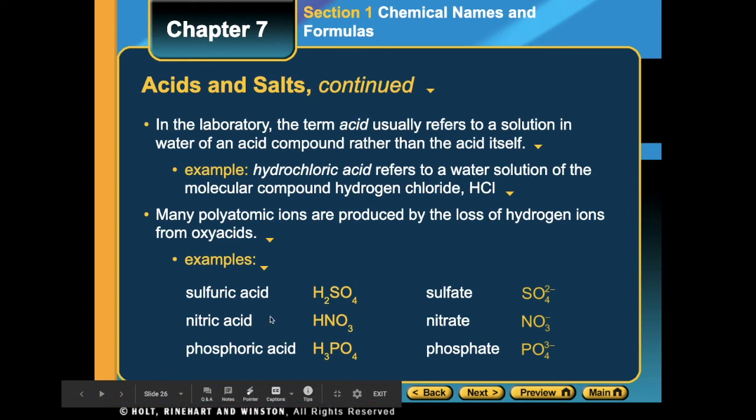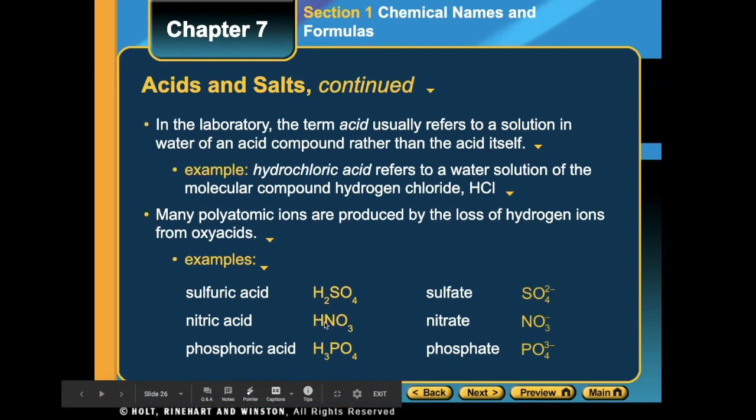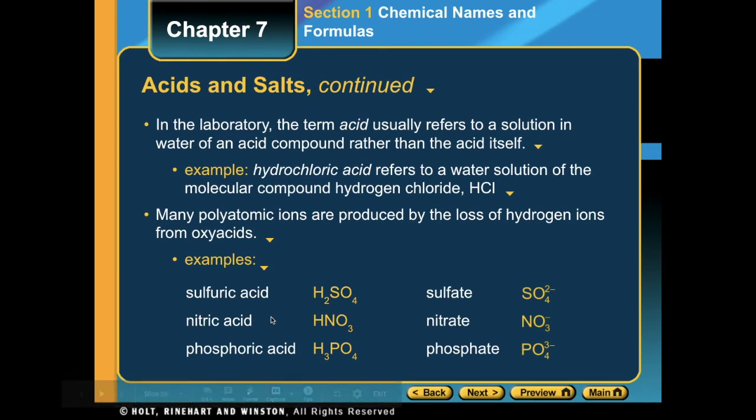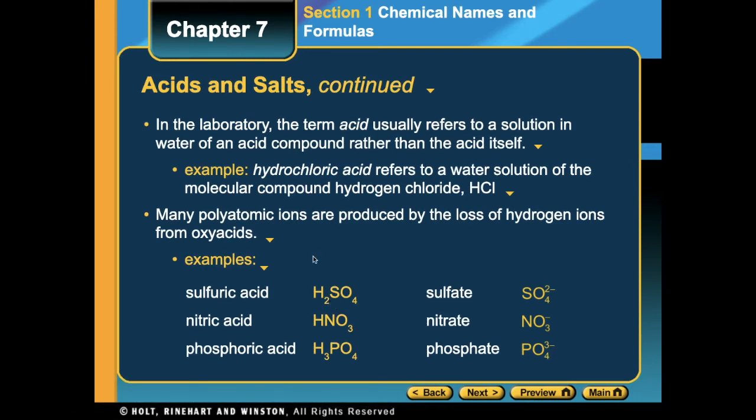Nitric acid gets turned into nitrate when it loses its hydrogens and it gains a charge of -1 because, as you can see, for every hydrogen that it loses, it gains a charge of -1. So phosphoric acid, when it loses 3 hydrogens, becomes phosphate with a charge of -3. Sulfuric acid, when it loses 2 hydrogens, becomes sulfate, which has a charge of -2.